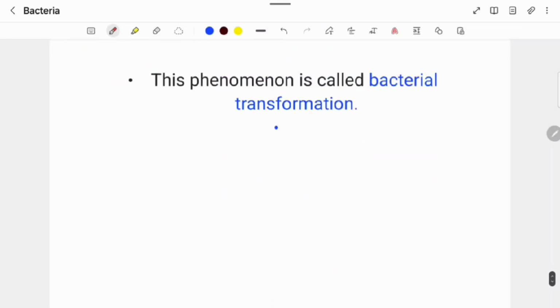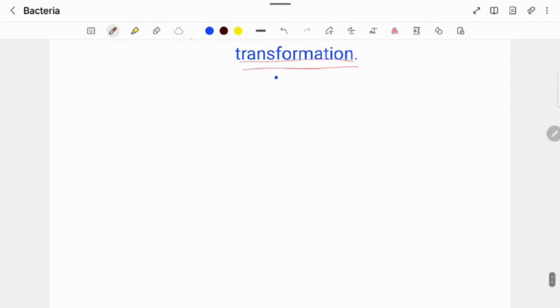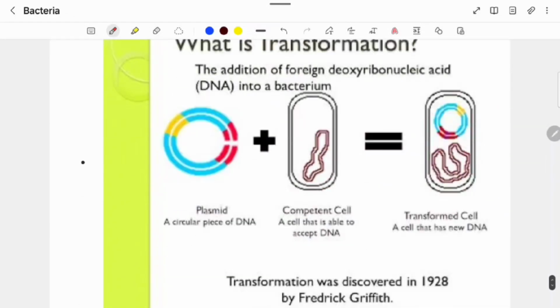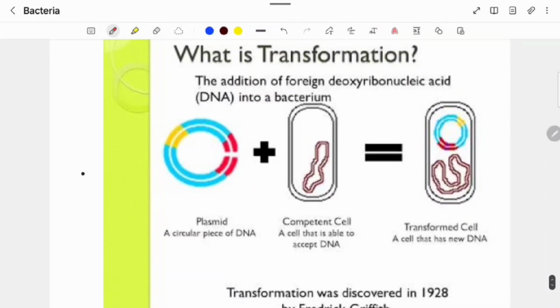Now, this phenomenon is called bacterial transformation. What is transformation? The addition of foreign deoxyribonucleic acid, DNA, into a bacterium. This is plasmid, a circular piece of DNA, and this is gene of interest.